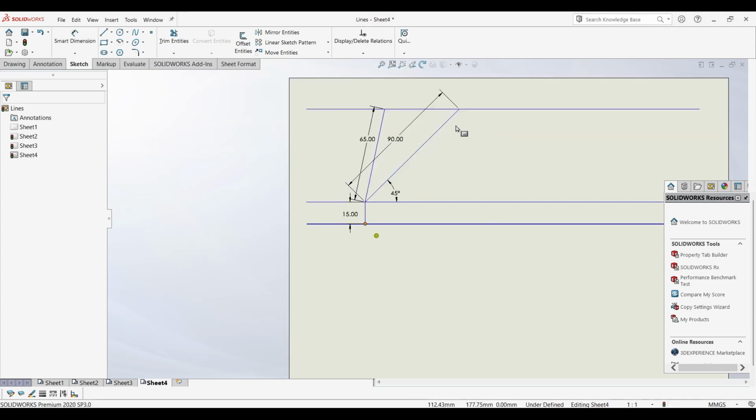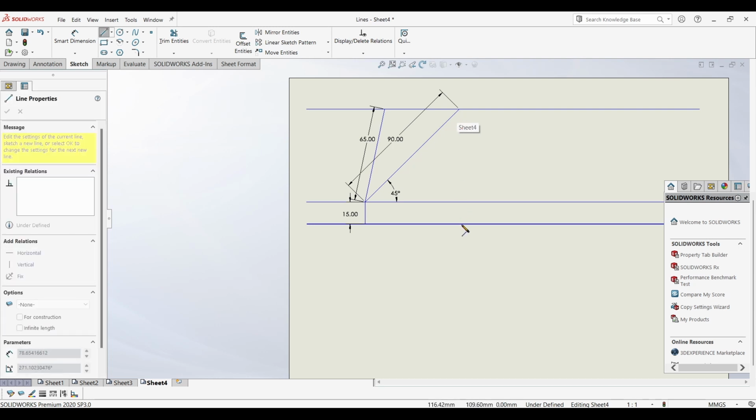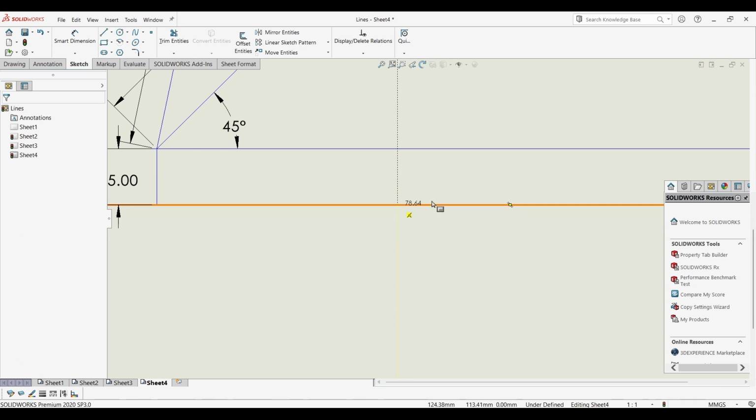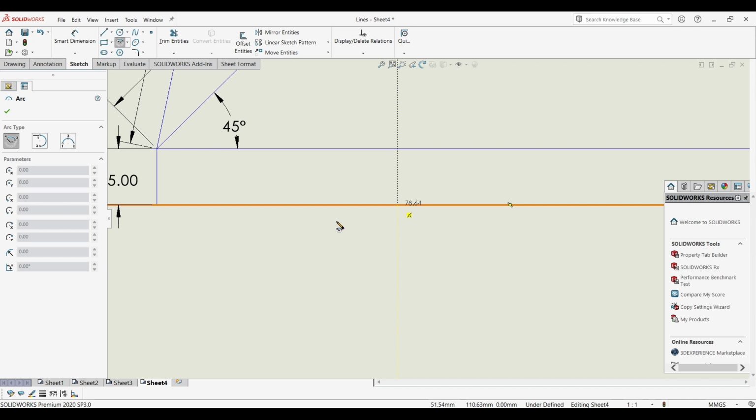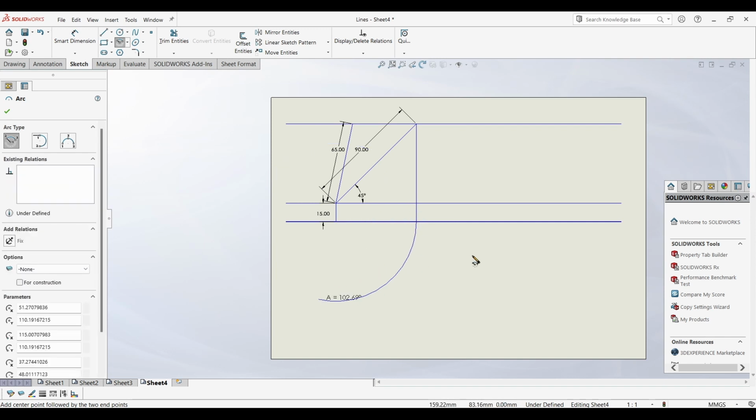Next, we drop a perpendicular from this point till here. After drawing till here, we take a radius from here to here and draw an arc somewhere till here.